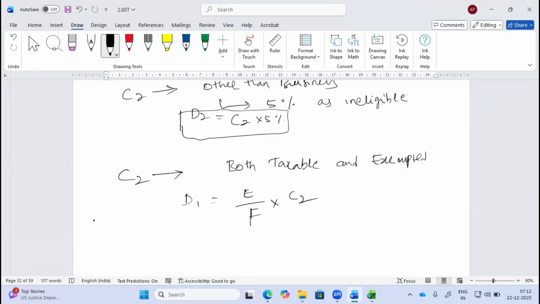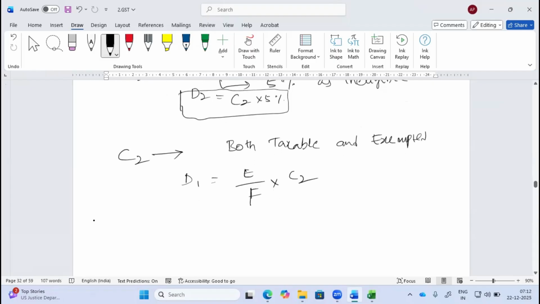E divided by F into C2. Now, E is your exempted turnover. F is your total turnover. This is what law has defined. Let me just come back to Excel file.